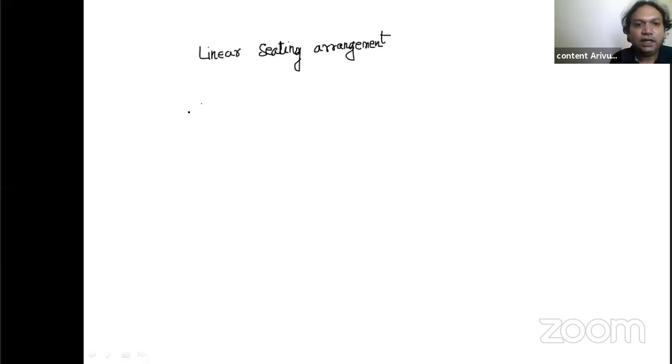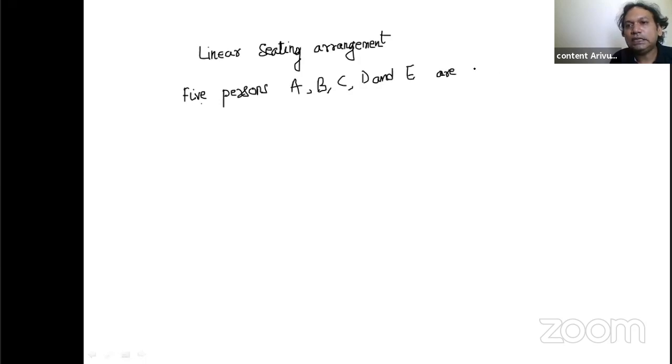So let's say that there are 5 persons, A, B, C, D, and E are seated in a straight line, or let's say even are standing in a straight line.